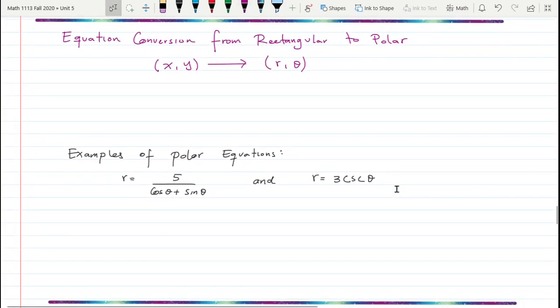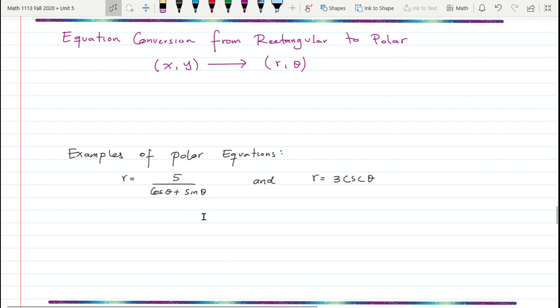Now, the next thing that we're going to do is convert equations, but this time we go from the basic rectangular coordinate equations, the x comma y type equations, into polar equations. So what is a polar equation? It's the same thing as before, what defines an equation: variables separated by an equal sign, but always we're going to try to write r in terms of theta.